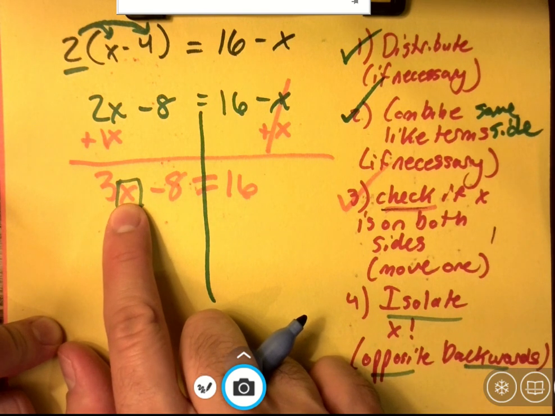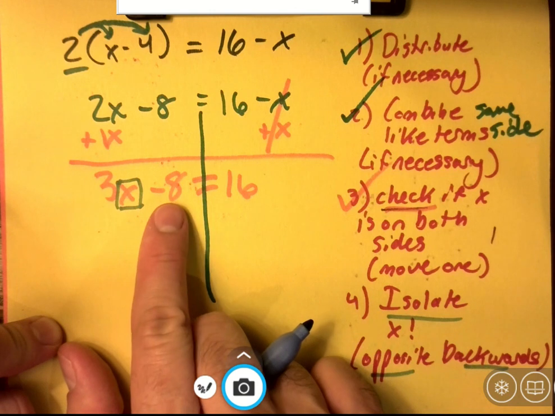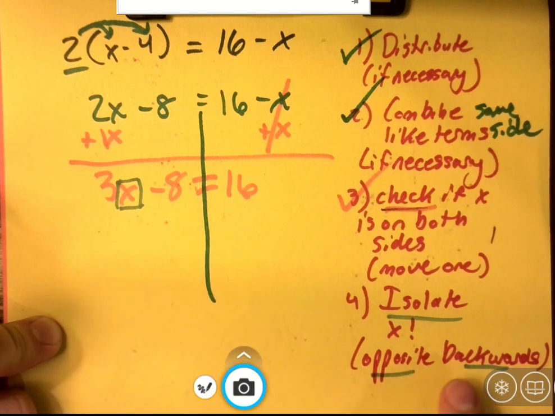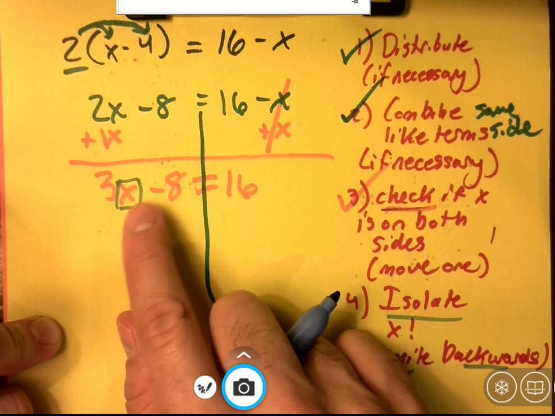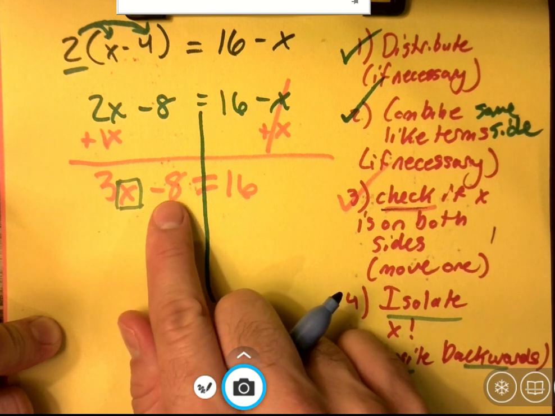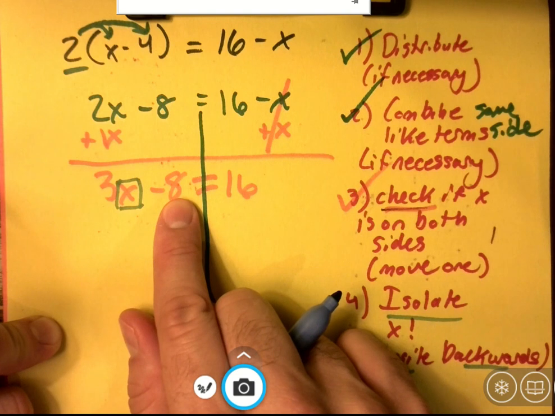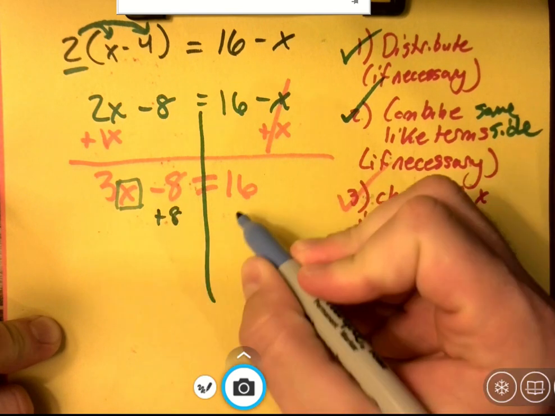What is being done to x is being multiplied by 3, and then you're subtracting 8. Now I want to do the opposite backwards. The last thing being done to x is the minus 8. So that's the first thing we do the opposite of. So we're going to add 8 to both sides.